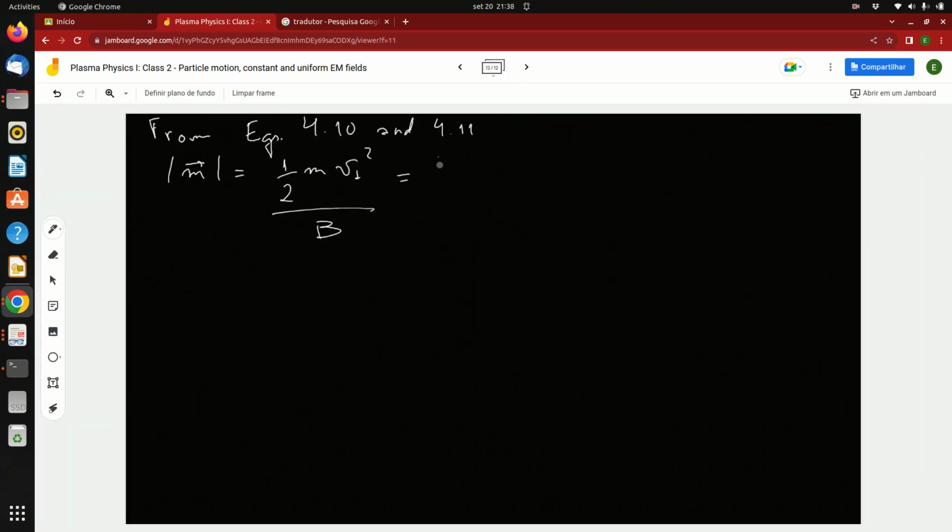And this we may call W perp over B. W perp is the part of the kinetic energy due to the v perp. Okay, so this is just this.